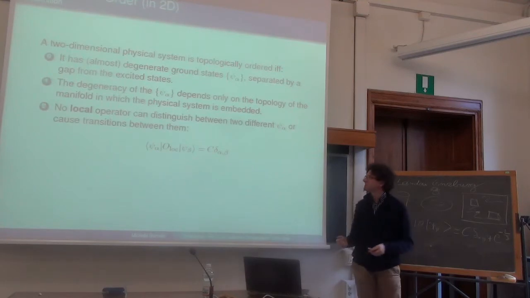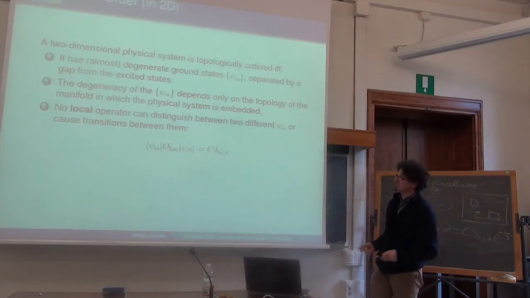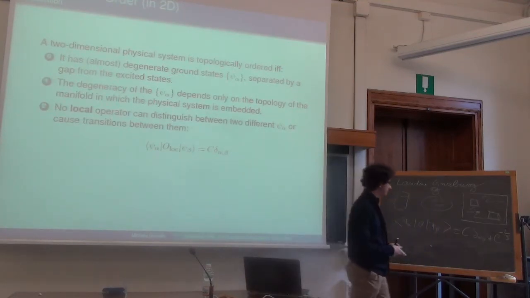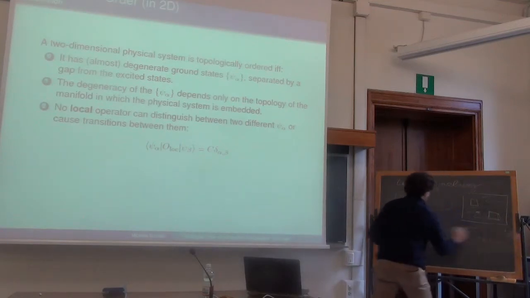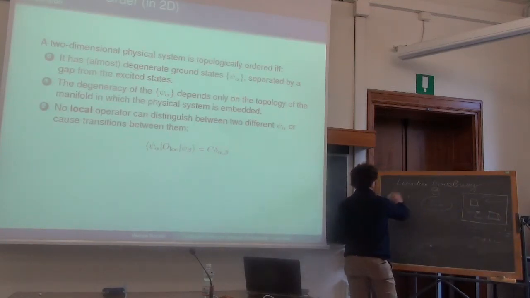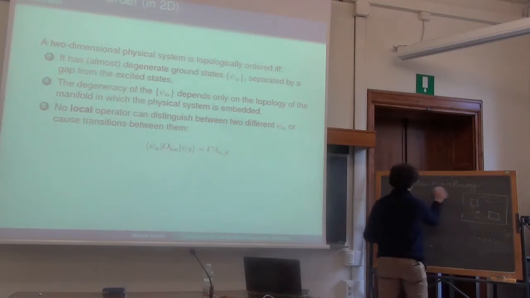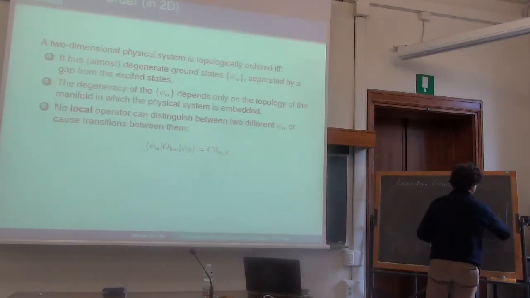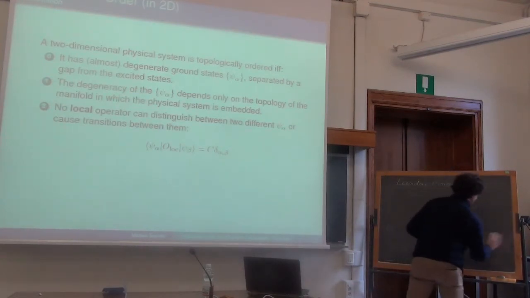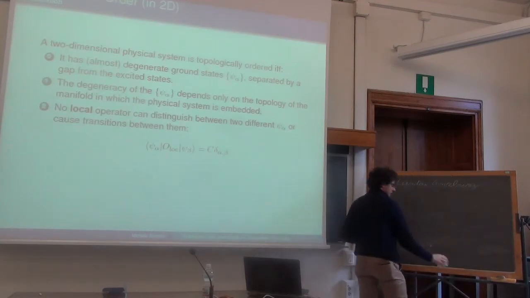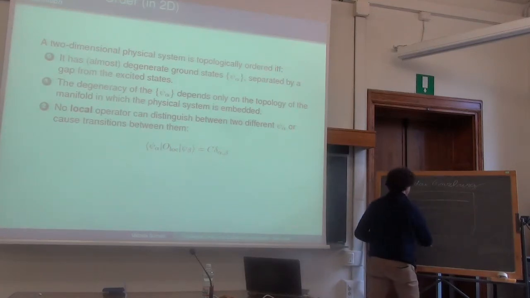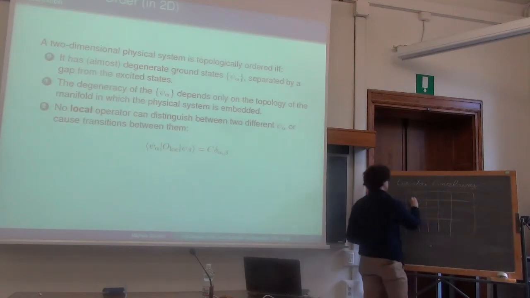It is important that I define what I mean by local in all of this, and essentially if you consider a system like the one that we are going to analyze, which is a spin system on a square lattice, so imagine having a square lattice and having a spin 1/2 on each edge of this lattice.